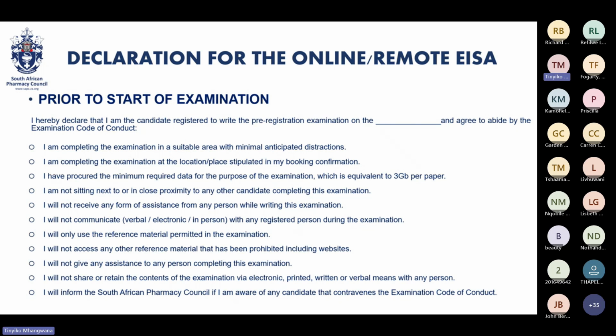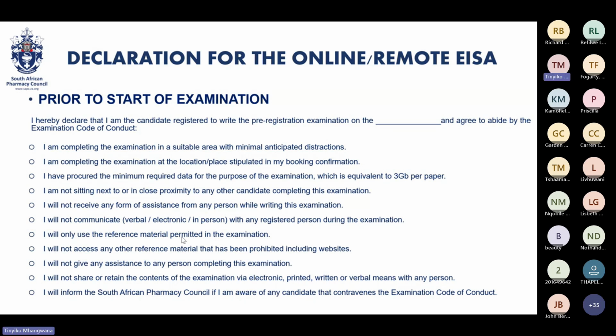Thank you, Doc. I don't know how far I was, but anyway, there are a few things that you need to declare before you write the exams. It's that you are not going to get assistance from anyone. You have procured enough data. You're not going to receive assistance from other persons. You're not going to communicate with anyone who is close by.